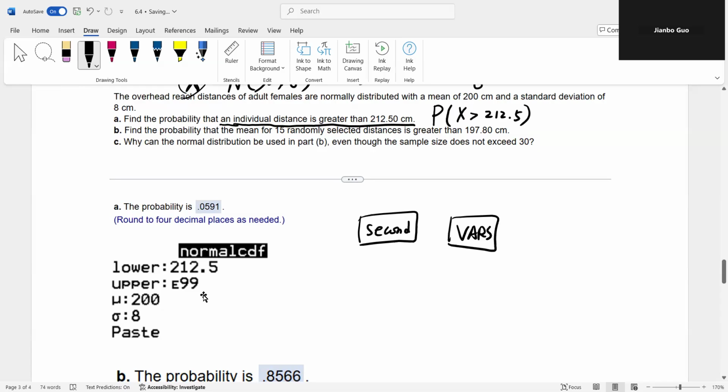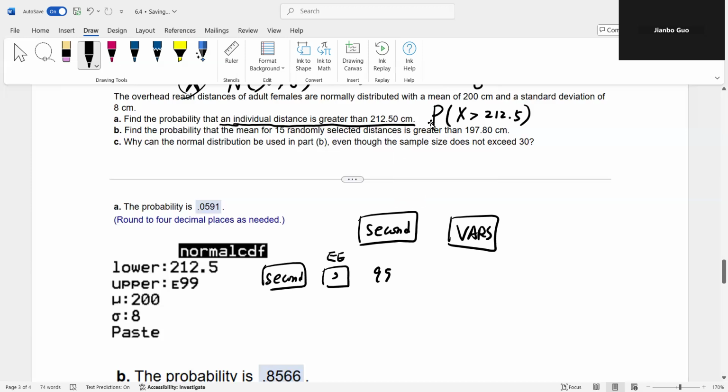For infinity, we use 2nd, comma, which means double E, and then 99. That means infinity in the calculator. And knowing the mean is 200, we are not having a standard normal distribution.